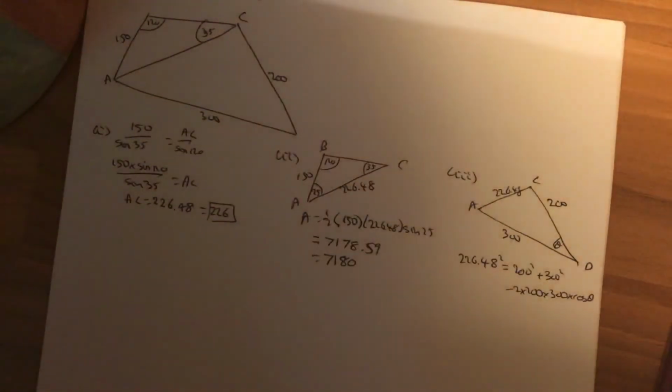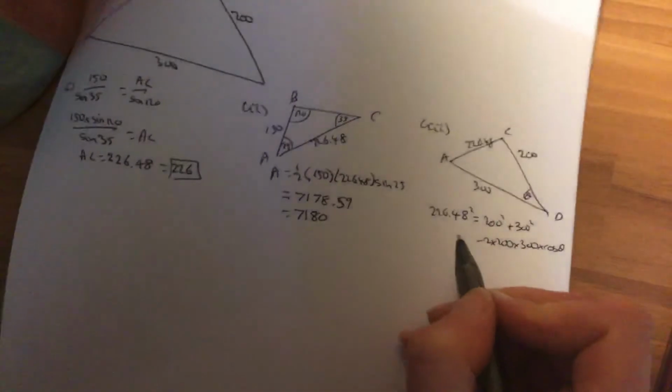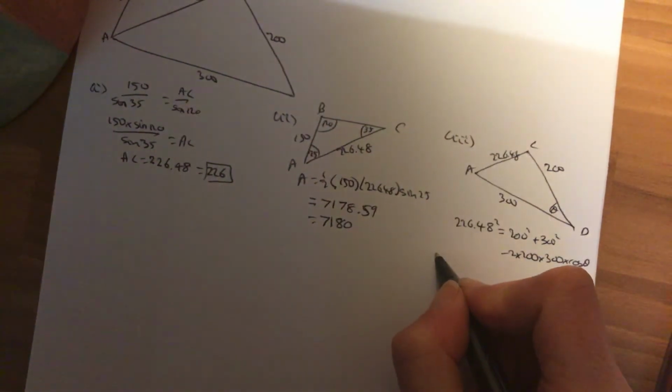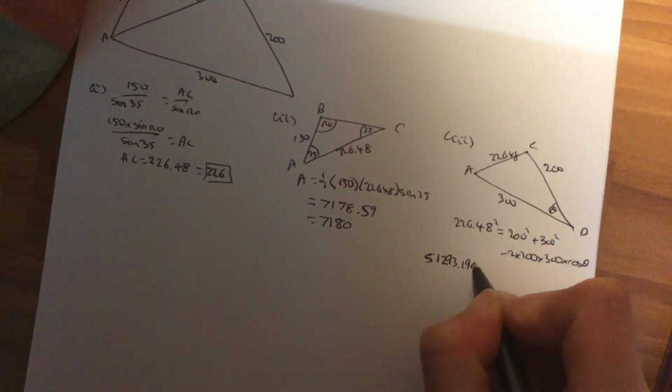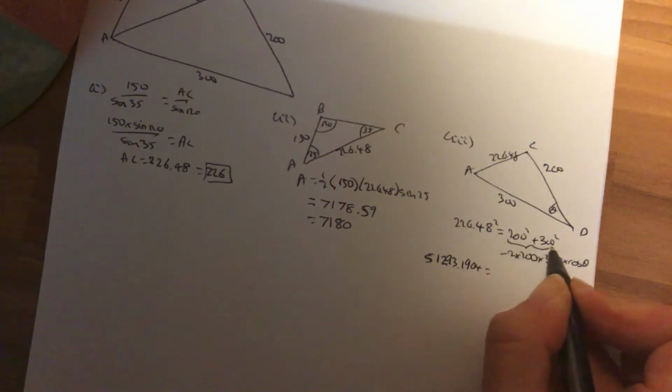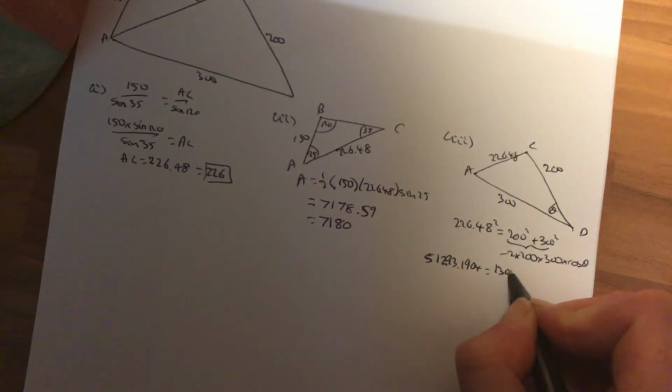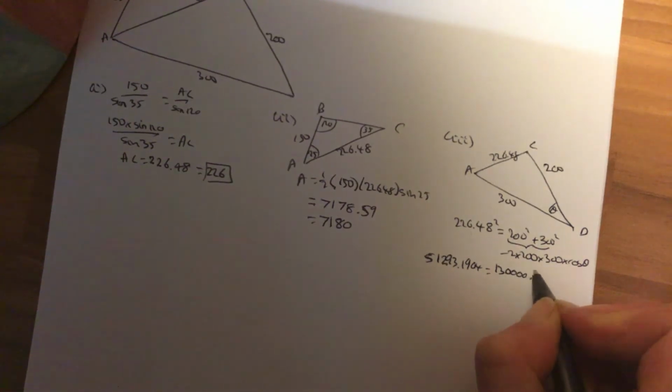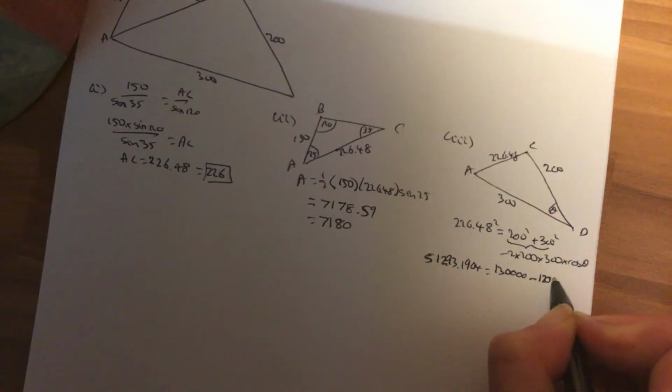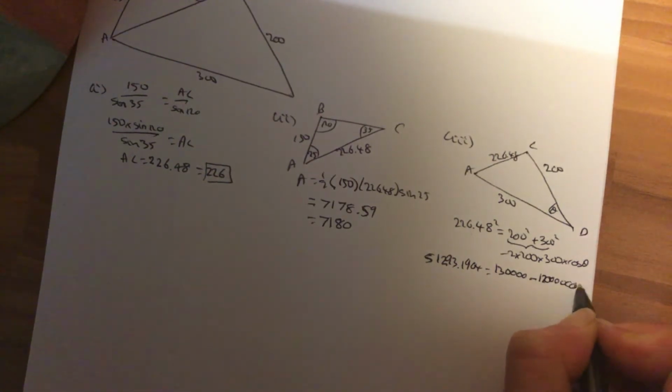And when you're working this out, work out this squared bit first, which is 51293.1904. Work out these two, which is 130000 minus, I'm working these ones out, so it's 120000 cosine theta.